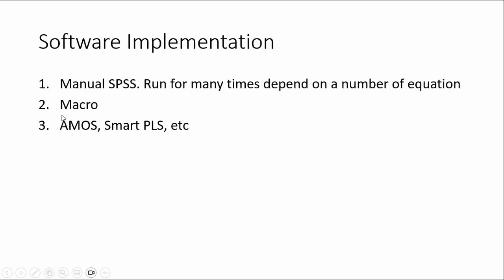The second is to use a macro, and the third is to use MSN, Smart PLS, etc. In a simple mediation model, manual SPSS may be applicable, but if we want to run a multiple mediation model, I recommend using the macro or MSN or Smart PLS.